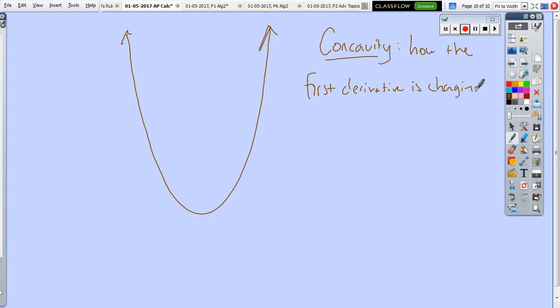That's the layman's definition of it. How the first derivative is changing. Imagine I take the first derivative, or the slopes of the tangent lines. So let's imagine we have a lot of tangent lines. We're going to draw them really sloppily. But I'll do my best.